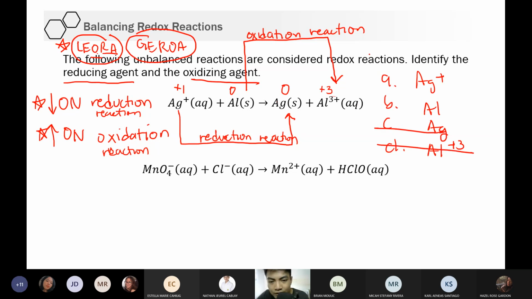So, of the two, sino yung nag-undergo ng oxidation reaction? Si Al. So, since si aluminum nag-undergo ng oxidation reaction, ang tawag sa kanya ay RA, reducing agent. Okay? So, this is the reducing agent.